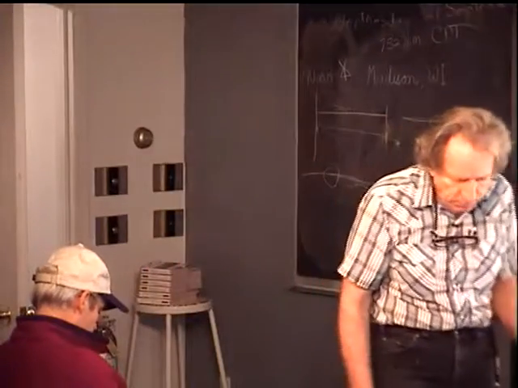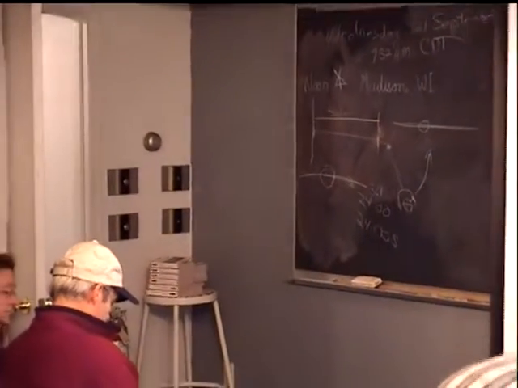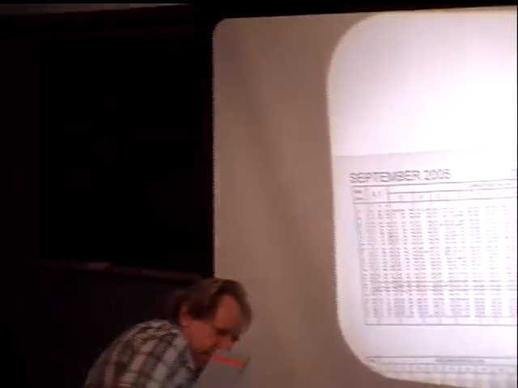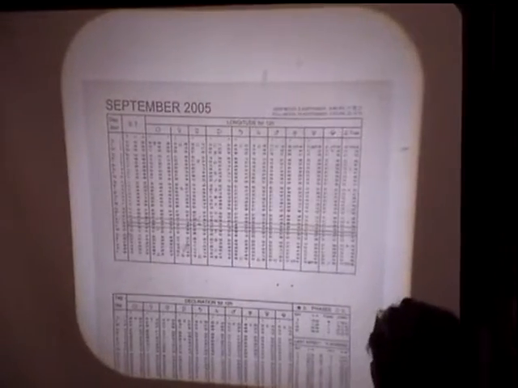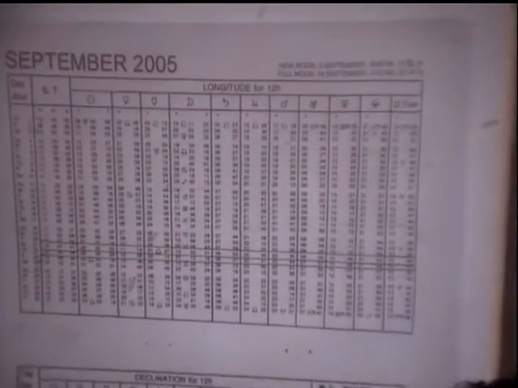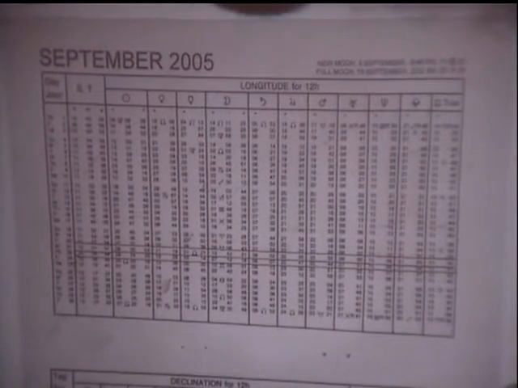So what we do is we go to the ephemeris. The first column in the ephemeris is the day, in French and in English. And the second column is the sidereal time.